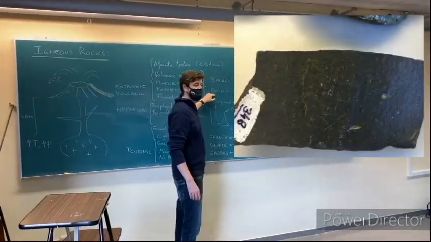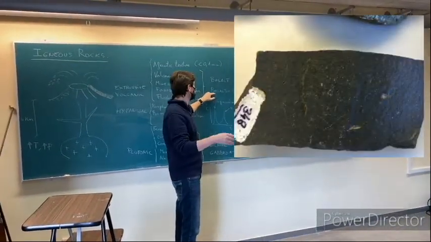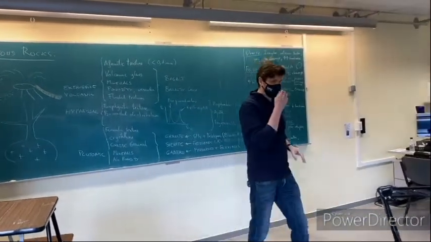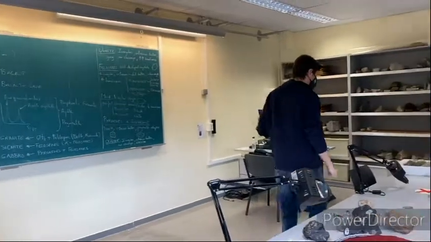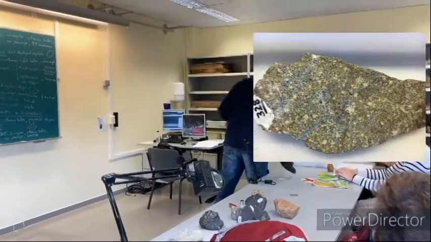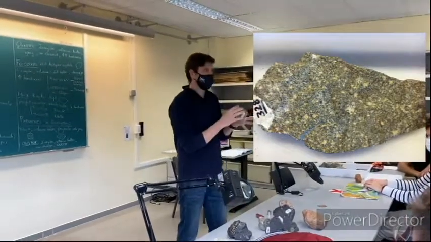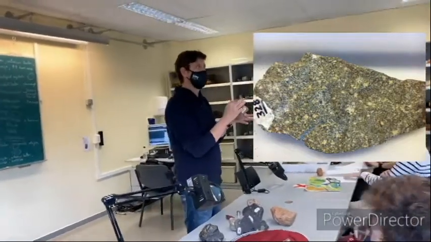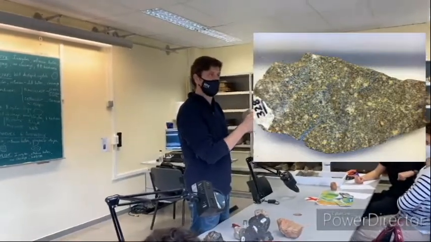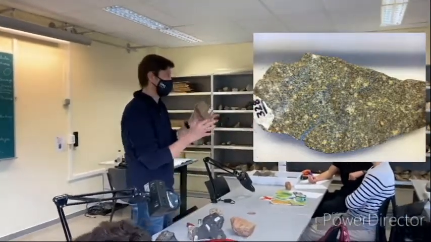The basaltic lava, we have already discussed that. Basalt. Okay, the porphyritic granite. We will see a porphyritic texture, and we have the composition of a granite, which is quartz plus feldspars. Okay, so this is a porphyritic granite.